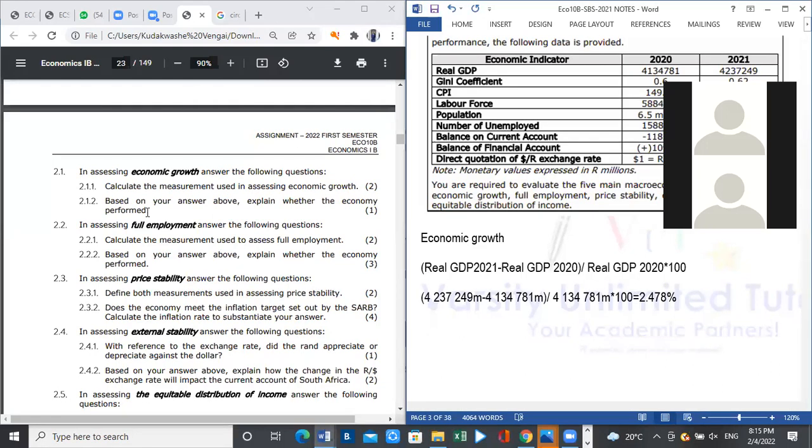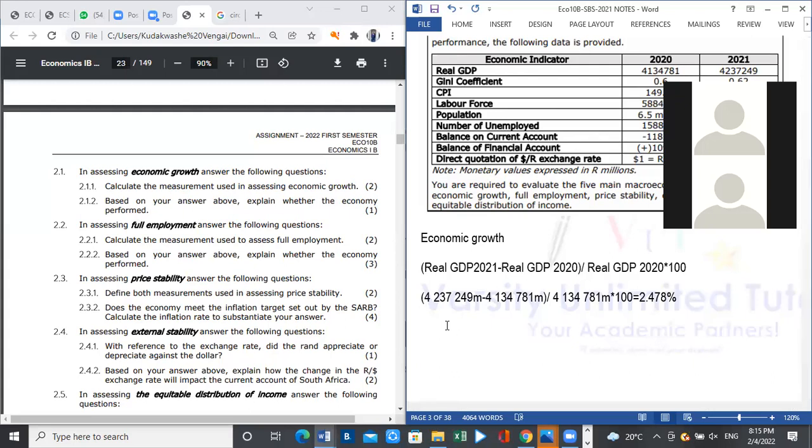The other question stated that based on your answer above, explain whether the economy performed well. We've not been given any target GDP growth. A 2% growth in GDP is actually not bad. That is one of the best growths that you can find.